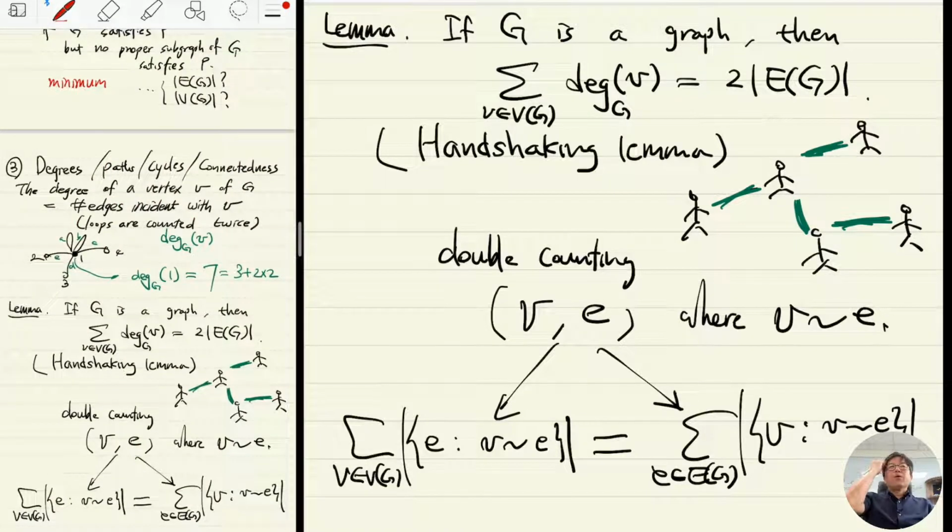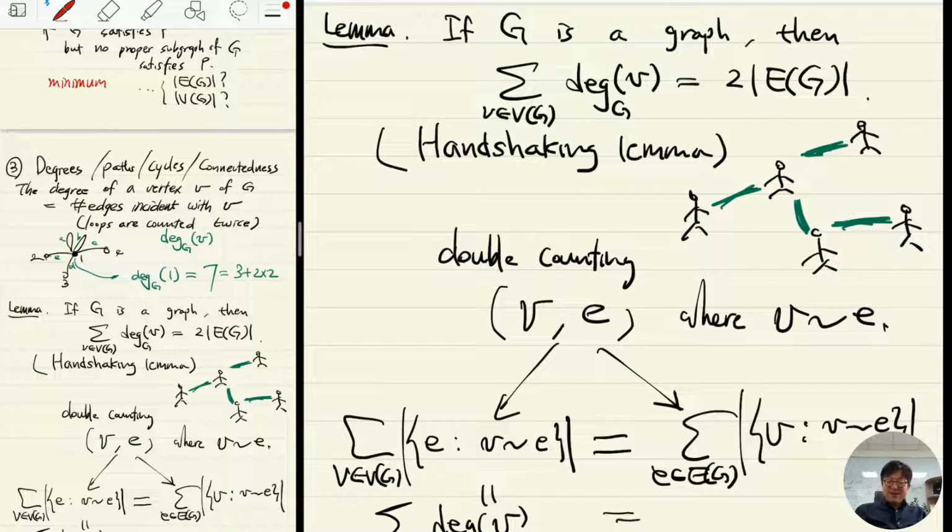Now, on the left hand side, this is nothing but the number of edges, right? So, well, isn't it the degree?